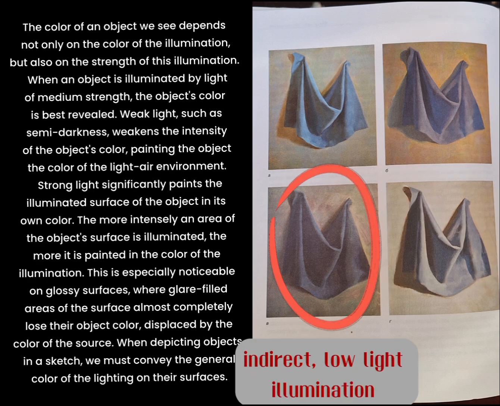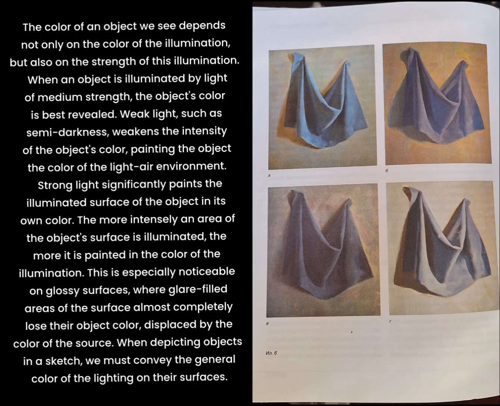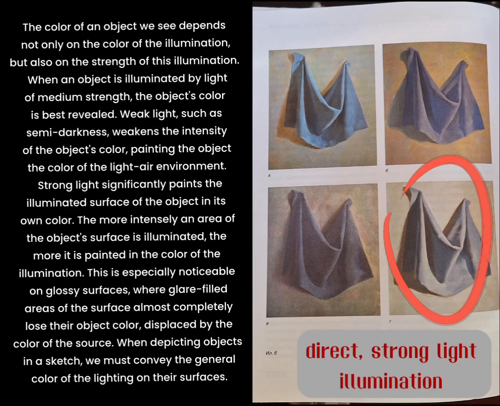Weak light, such as semi-darkness, weakens the intensity of the object's color, painting the object the color of the light air environment. Strong light significantly paints the illuminated surface of the object in its own color.